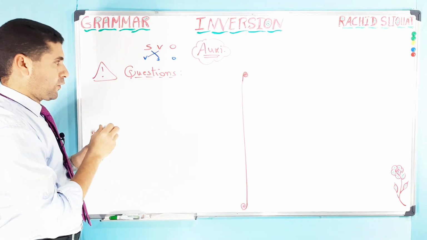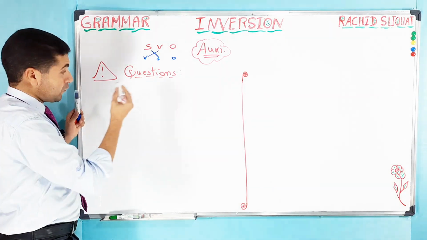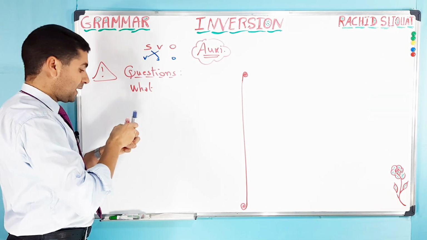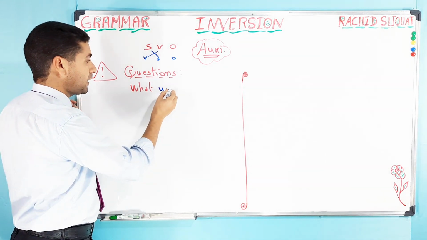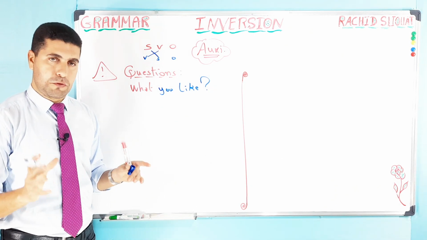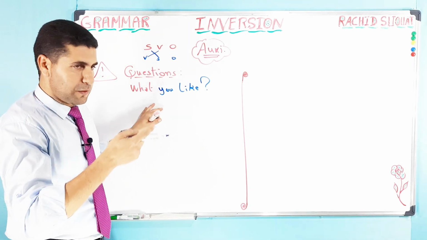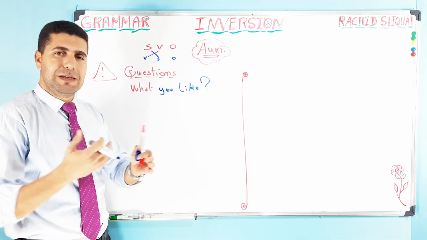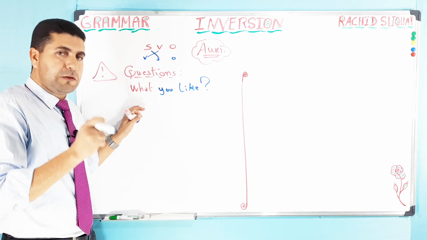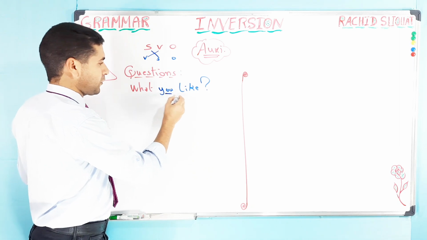We cannot write a question like, for example, "what you like." This is not a correct question. It can be acceptable if it is spoken, but if it is to be considered a question, there should be an inversion between the subject and the verb.